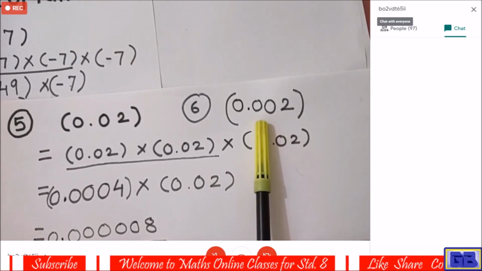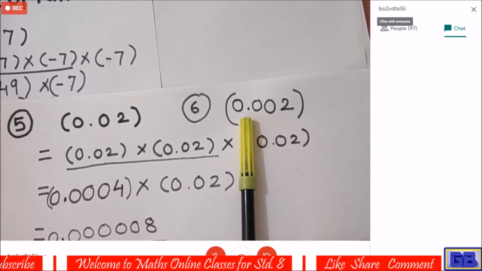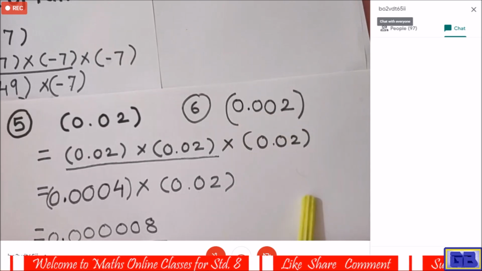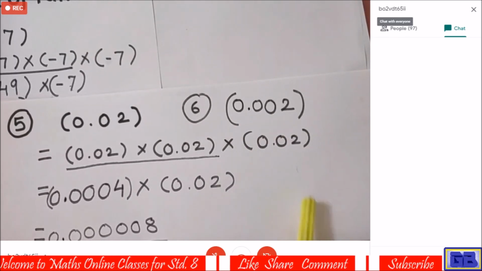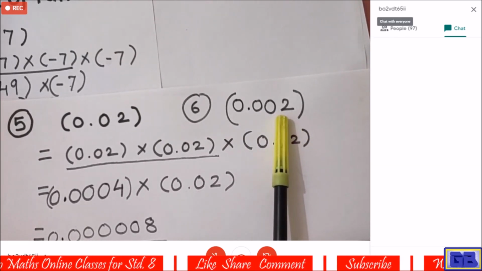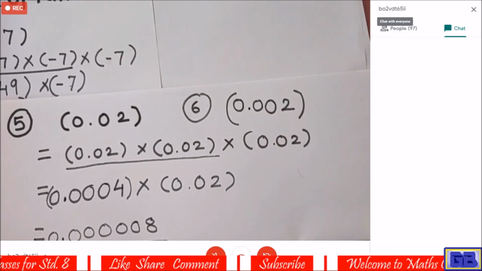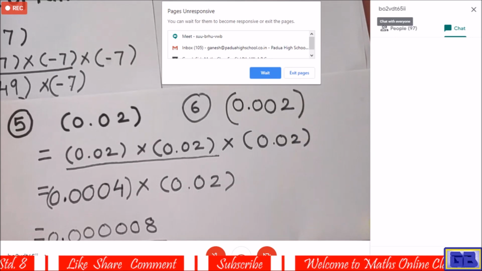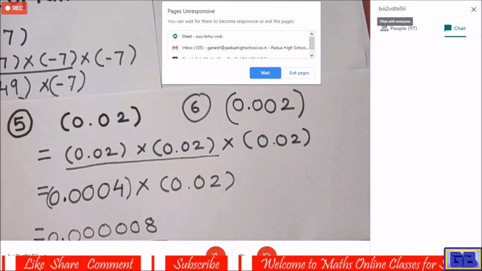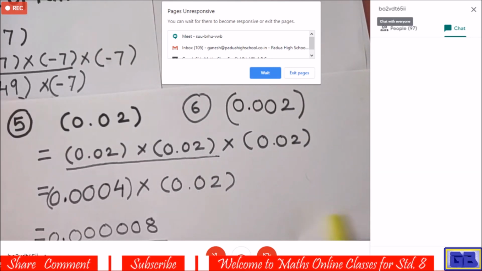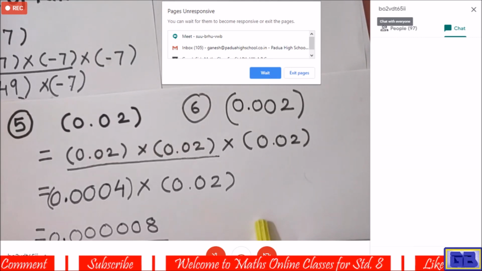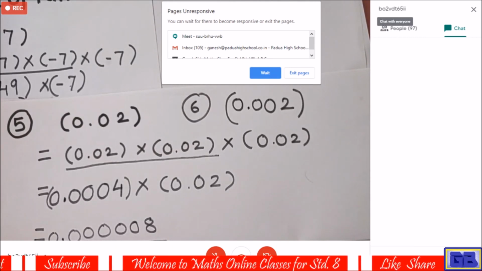Here I have taken 3 digits after the decimal point. So in the answer we want all together 3 times 3, which is 9. The total number of digits should be 9, and 8 will be the last digit. So before that 8 there should be 8 zeros, then the decimal point, and before the decimal point there should be 0.